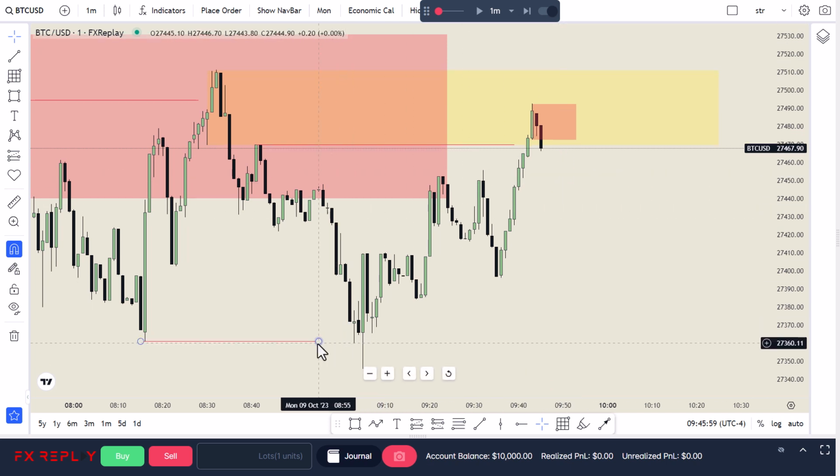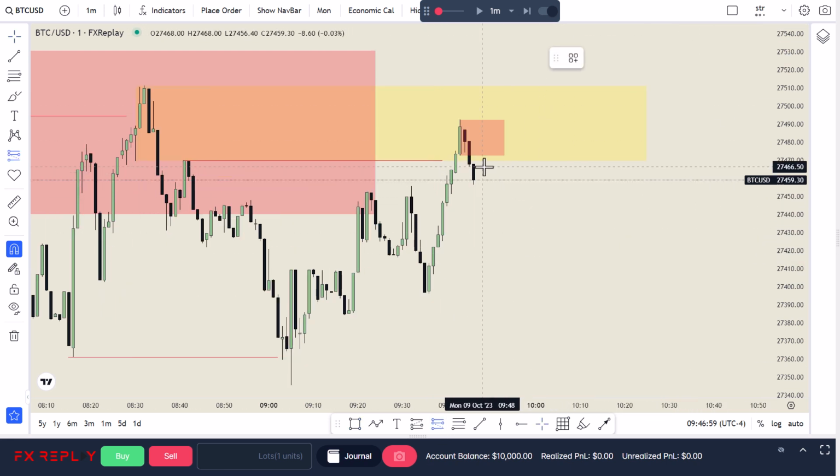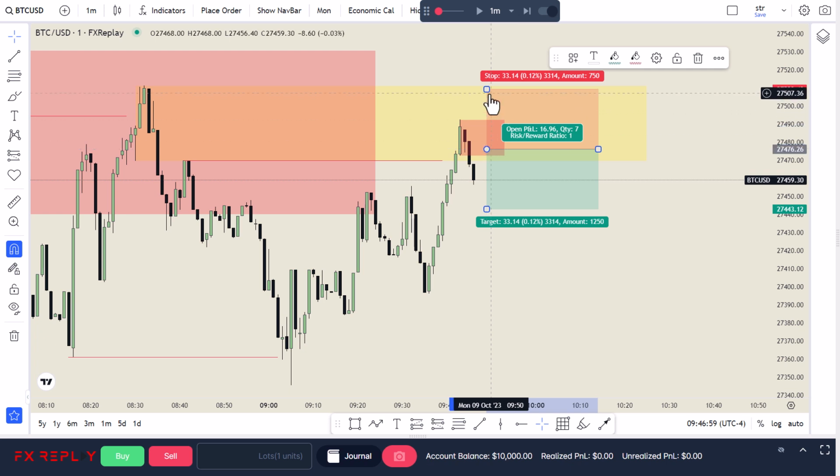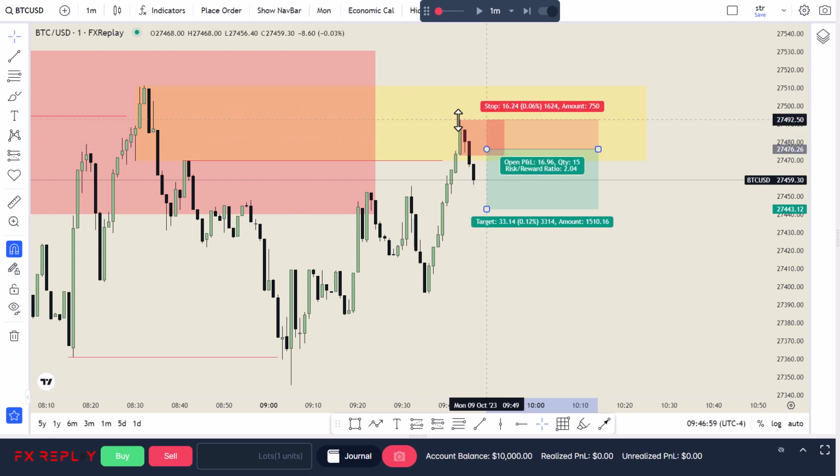Now, although this didn't close below here, and we might potentially liquidate this high, still we have something to target here. We have this unmitigated zone. So let's wait for price to return to this candle right here, maybe to, I don't know, here. And we're going to take a 1-to-1. All right, don't be greedy.